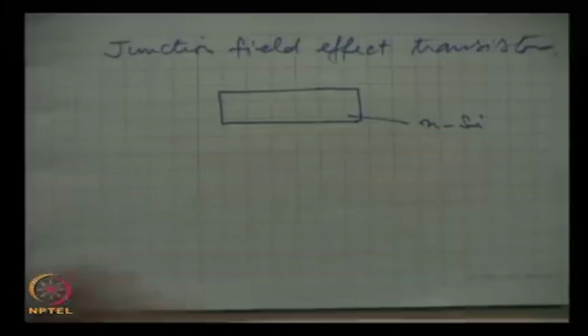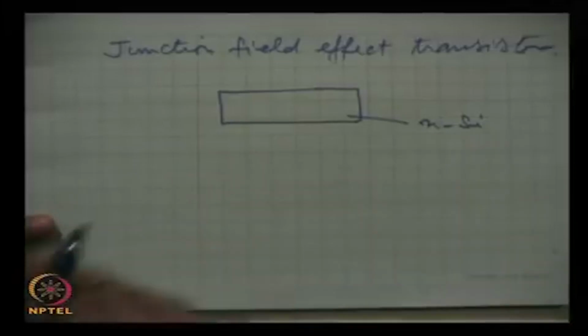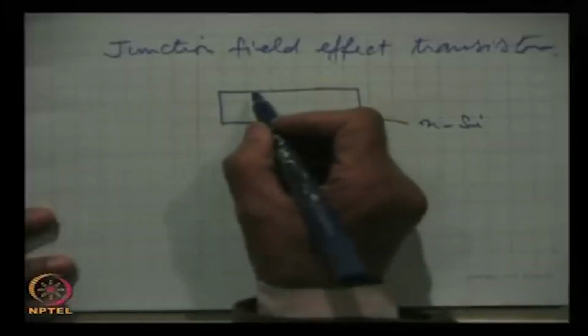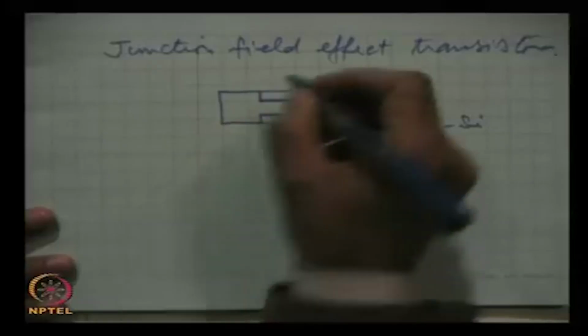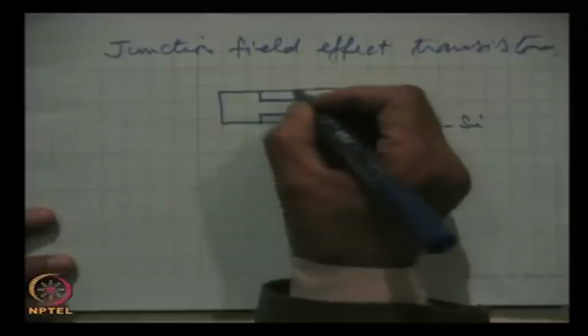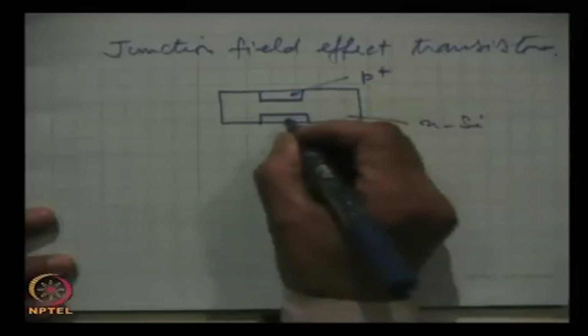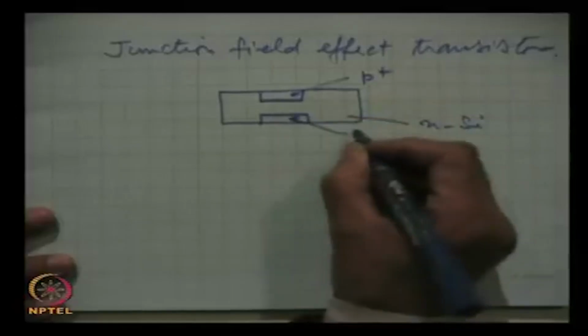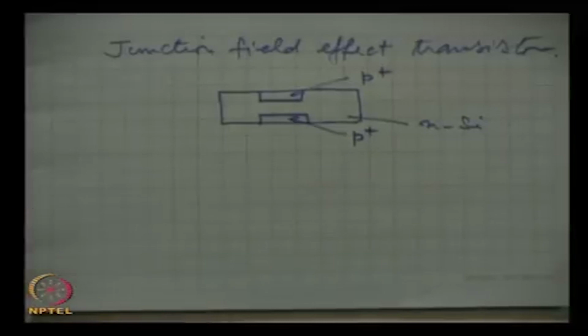Let us just take it as a chip of n silicon on which two regions of heavily doped p type, p plus and p plus, are fabricated, grown.